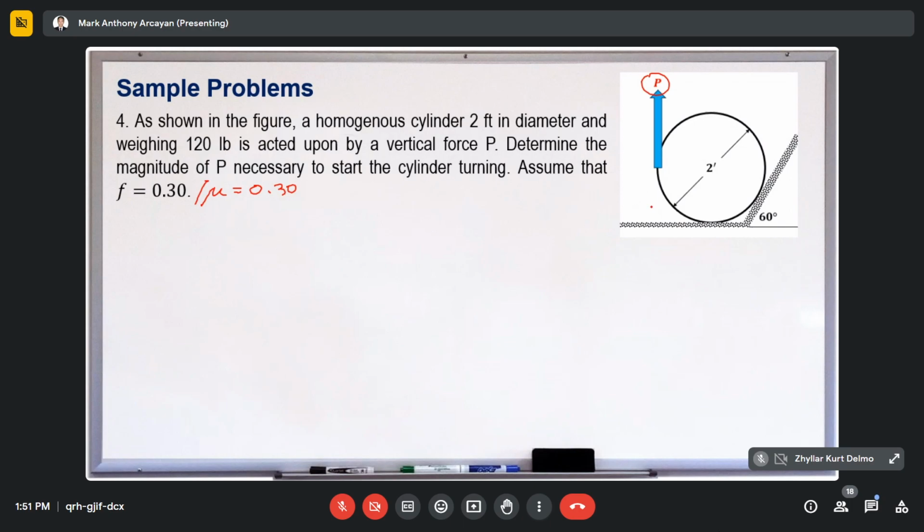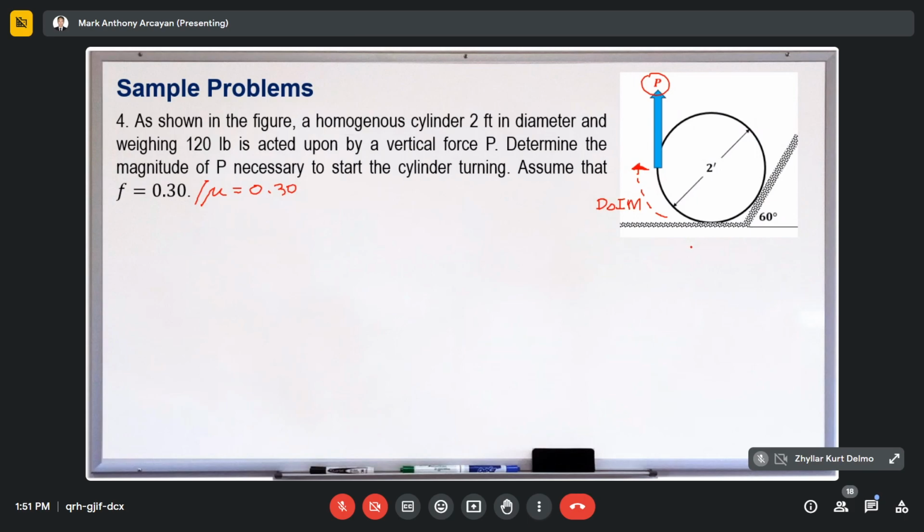So, naa tay gitawag nga direction of impending motion, no? So, naa siya tendency kung applyan gid nato ni og enough nga force P, it will tend to rotate in a clockwise direction. So we have direction of impending motion. Okay? Now, kung ato i-analyze ang system, no?